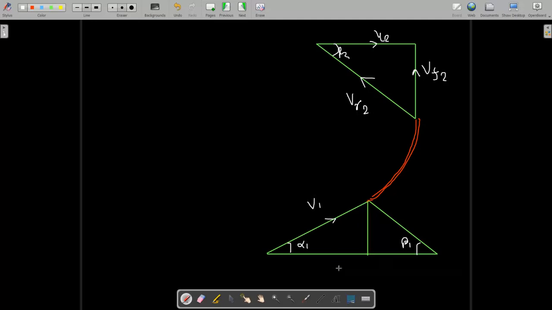This is absolute velocity at inlet. This is VW1, whirl component at inlet, and this total component from here to here is U1. Okay, and this is flow velocity at inlet, and this is relative velocity VR1.